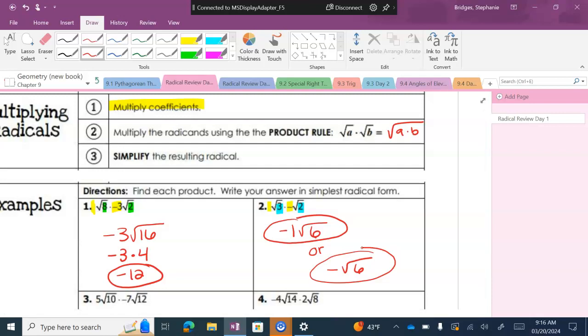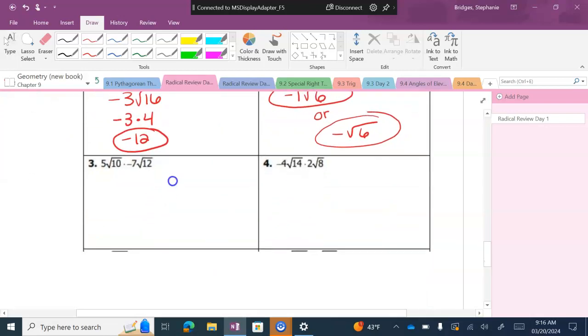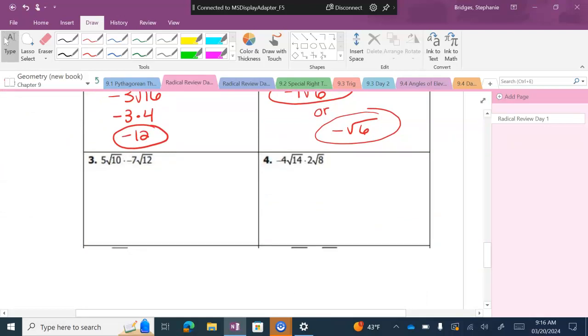All right. Start the multiplying process for 3. Outside numbers get multiplied and stay outside. Inside numbers get multiplied and stay inside. Then we're going to see if we can simplify further. Outside times outside, inside times inside.